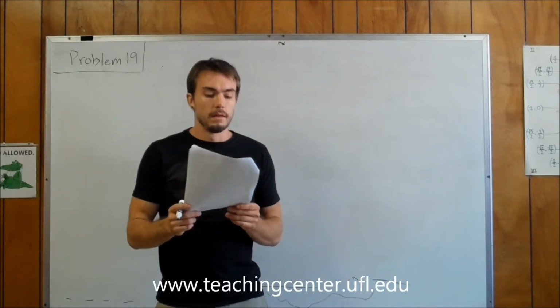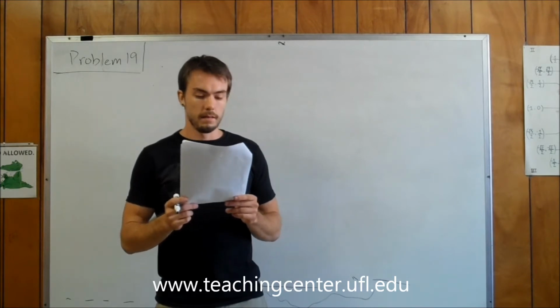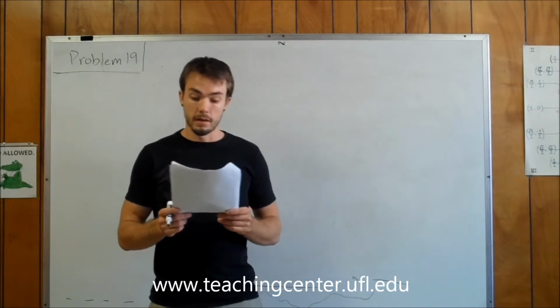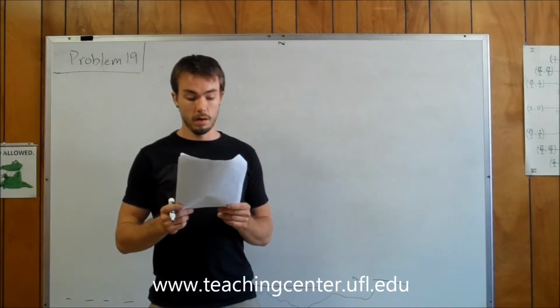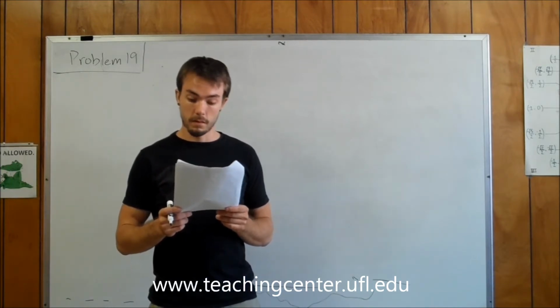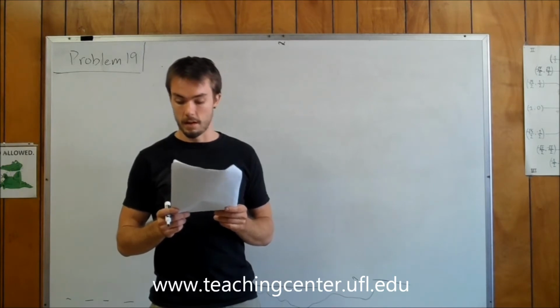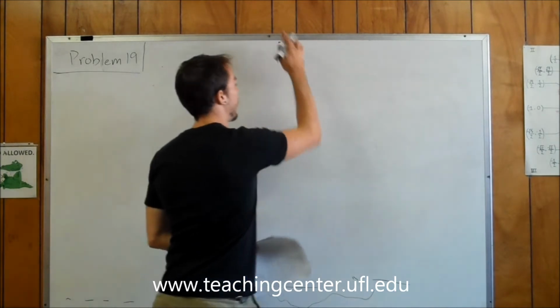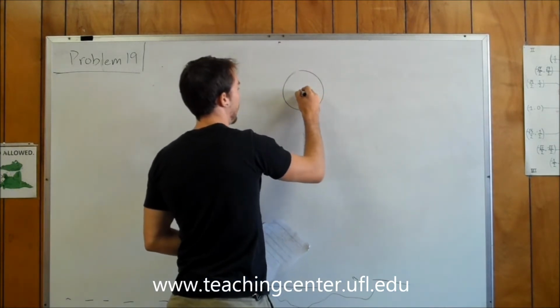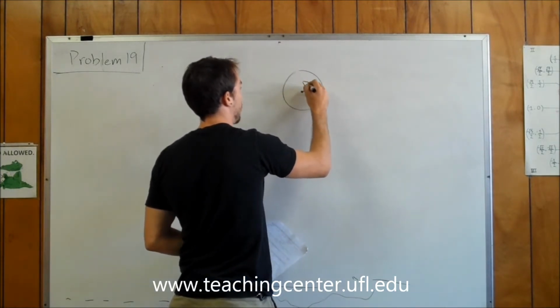Alright, problem 19. A satellite A is in orbit a distance r above the surface of a planet of radius r. A second identical satellite B is at a distance of 2r above the surface. What is the ratio of the forces due to the planet on the satellites, FA over FB? So in this problem, we have a planet of radius r.